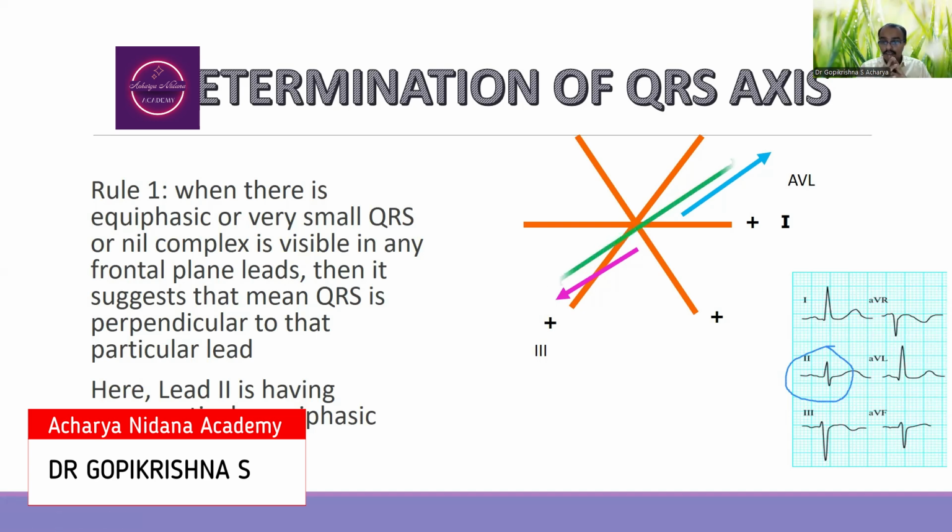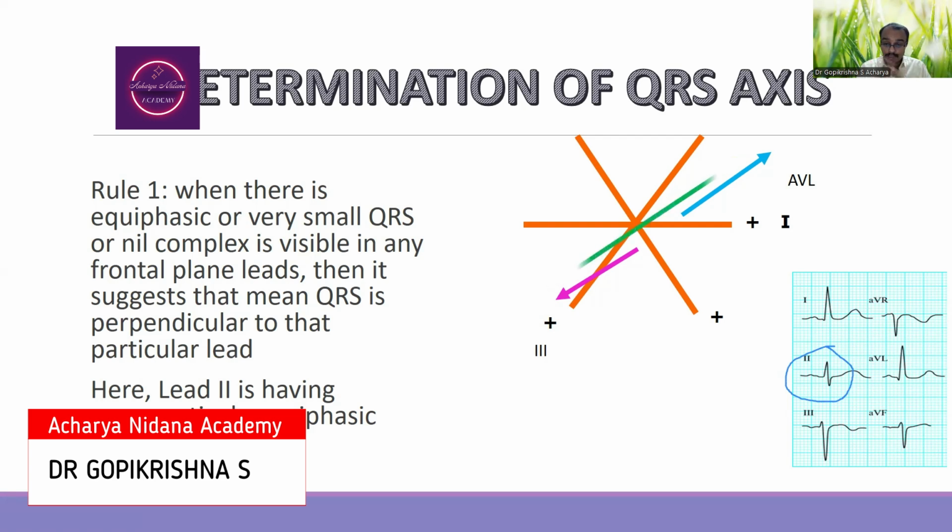See, this is perpendicular to lead 2. So the adjacent leads we have to look into are aVL as well as lead 3. That means the electrical axis may be either the blue line or the pink line.